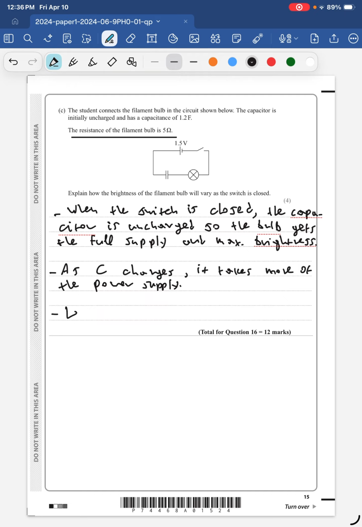So there is less voltage across the bulb, and current drops, right? So the bulb dims.